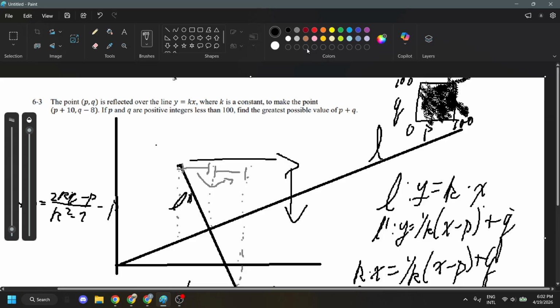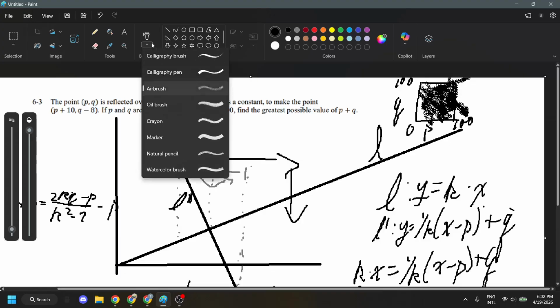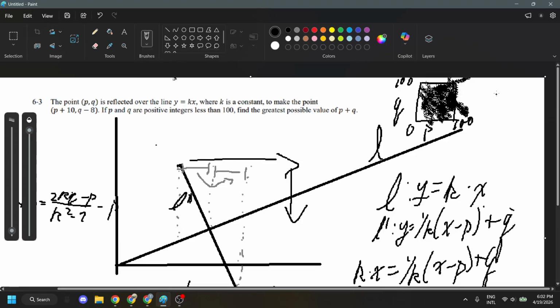We want it to be the most up there it can be. Furthest this way. So why can't it be 100, 100?